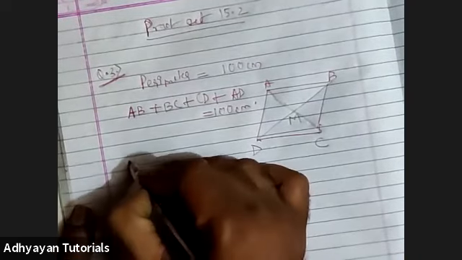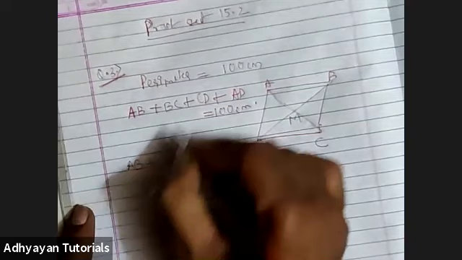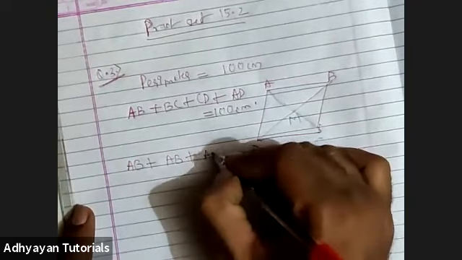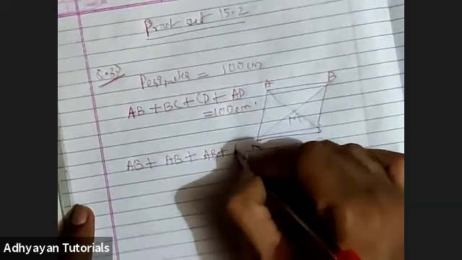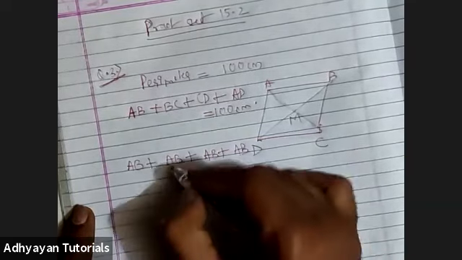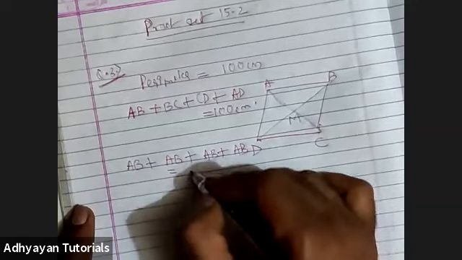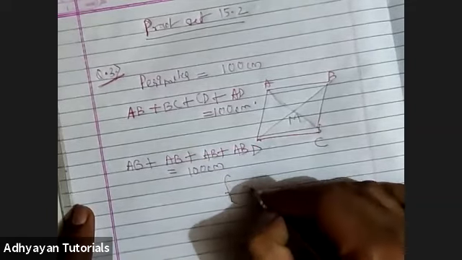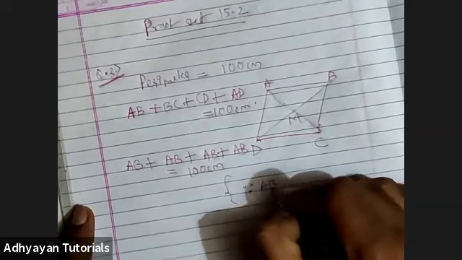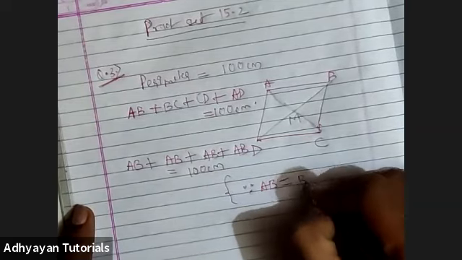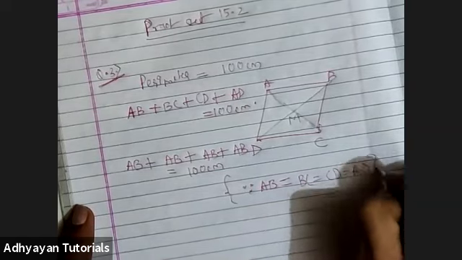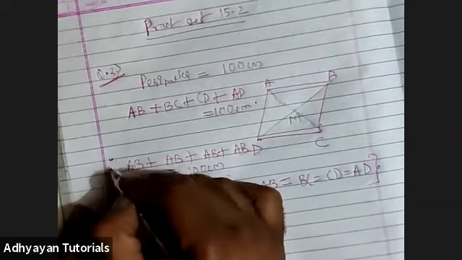So instead of BC I'll write AB, instead of CD again AB, and instead of AD I'll write AB. So AB plus AB plus AB plus AB is equal to 100 centimeter. The reason being, since AB is equal to BC and that is equal to CD and that is equal to AD.